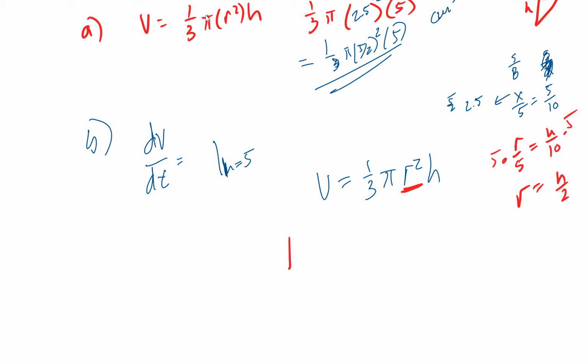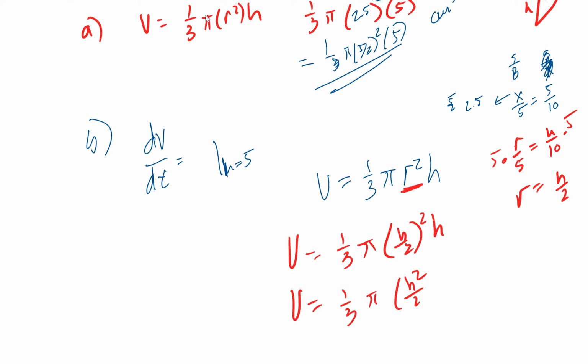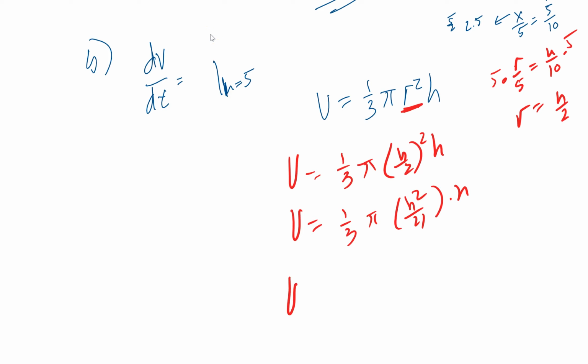And I can plug that in. r is now h over 2, squared, times h. Let's simplify it a little bit. That's going to be 1/3 pi h squared over 4 times h. I can simplify that a little bit more to make it even easier. So the volume is going to be 1/12 pi h cubed.